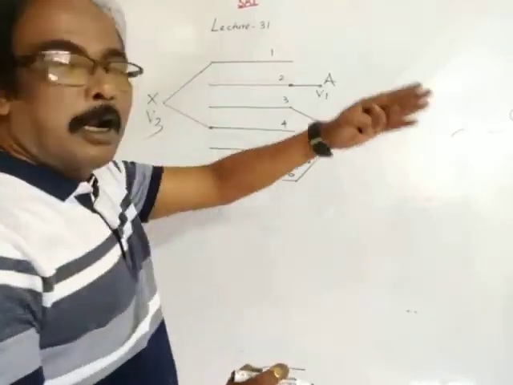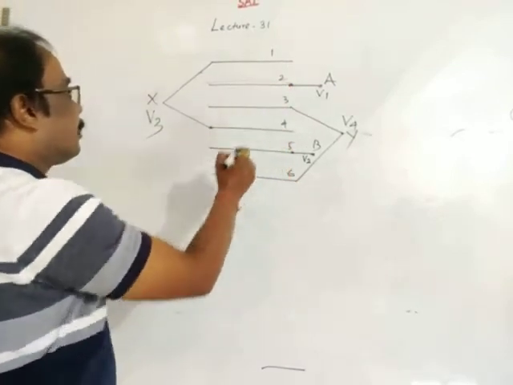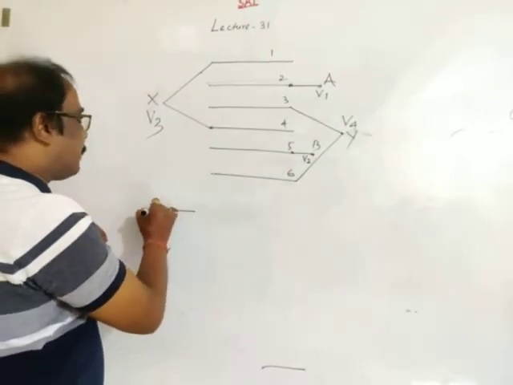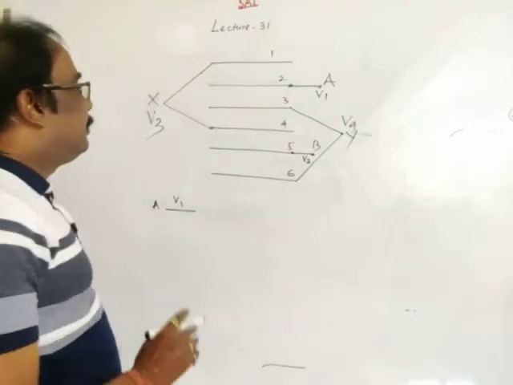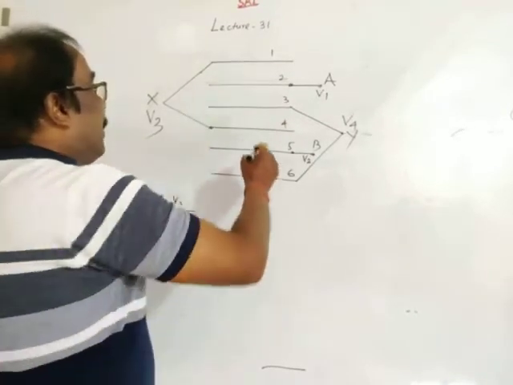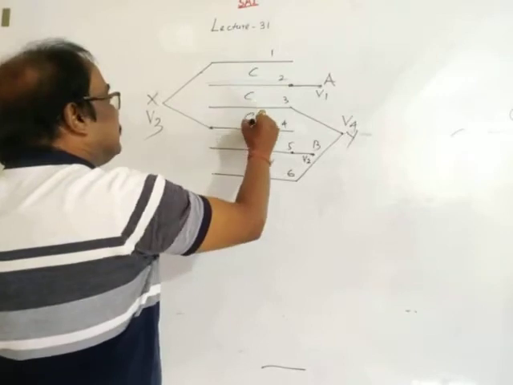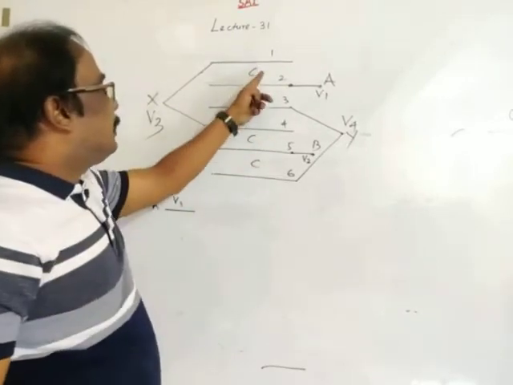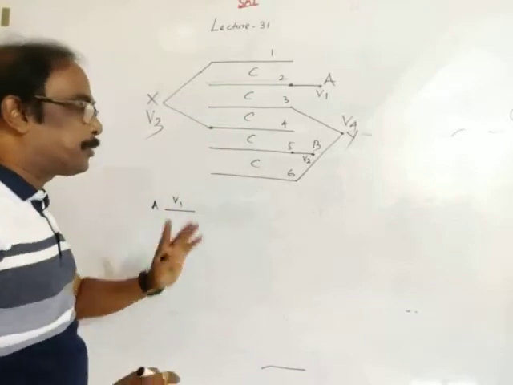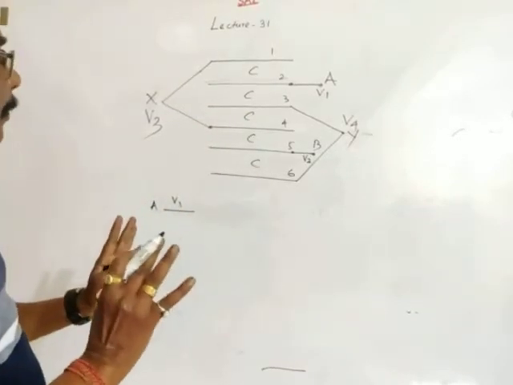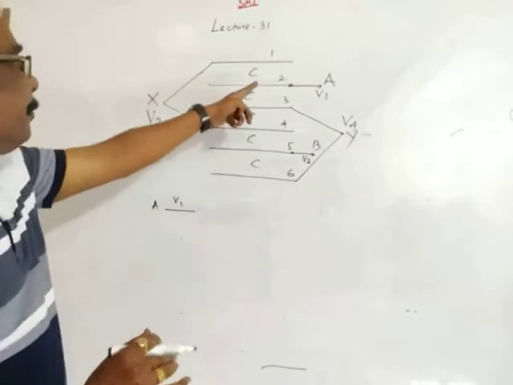Let's start from A. A is at potential V1. Then capacitance is obtained between first and second plate, second and third, third and fourth, fourth and fifth, fifth and sixth. This is a very beautiful problem, just enjoy it.